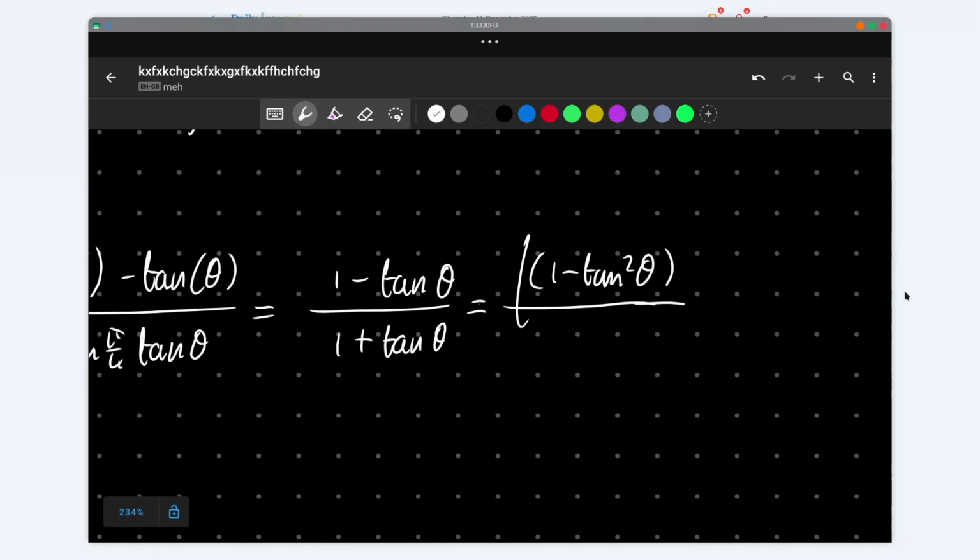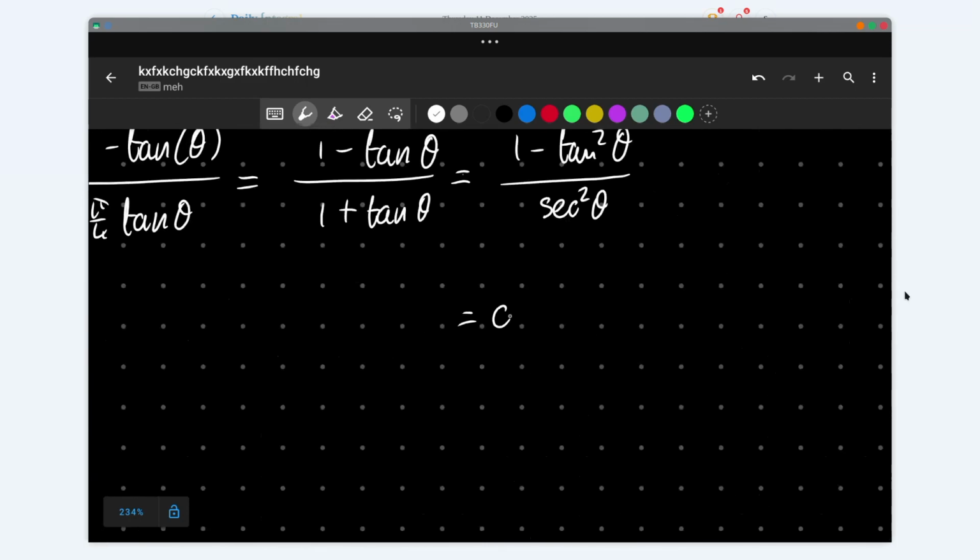1 minus tan squared. No, wait, I would need 1 plus tan squared. I would be rationalizing the top. So you get 1 minus tan squared theta over sec squared theta, which is just cos squared theta minus sine squared theta.